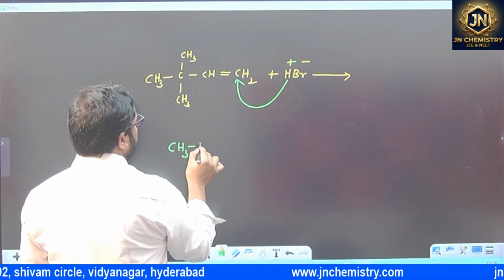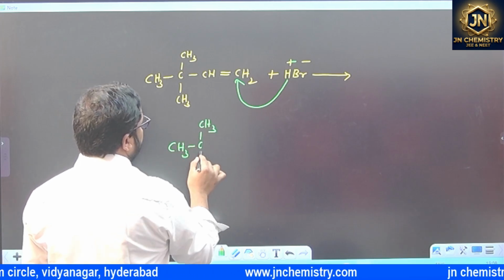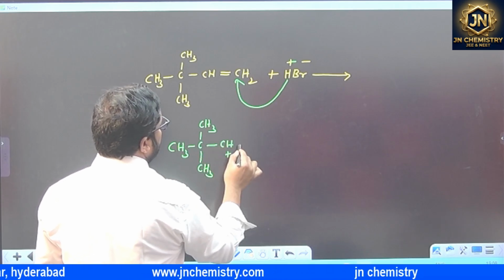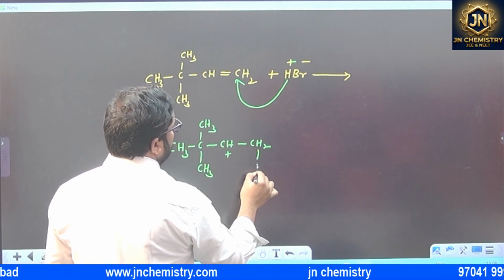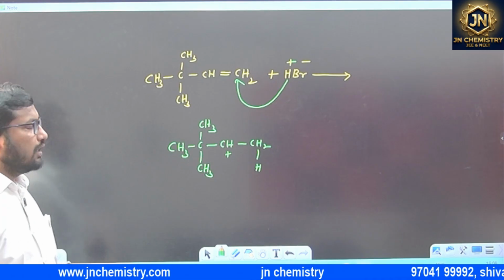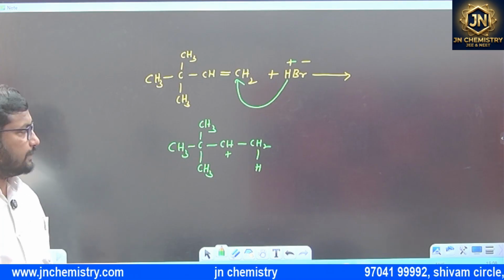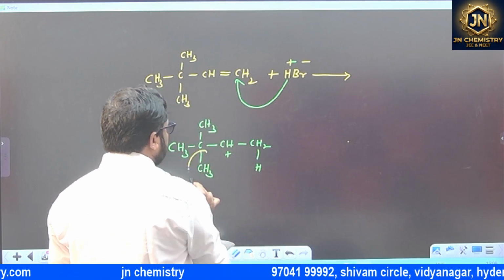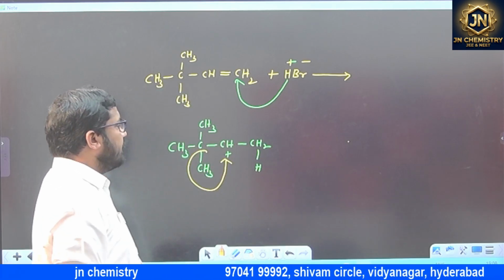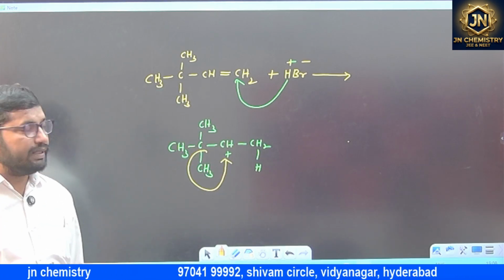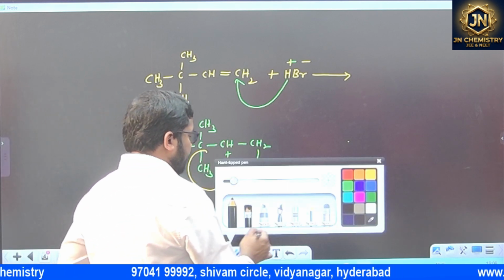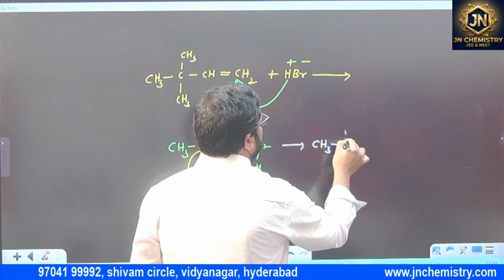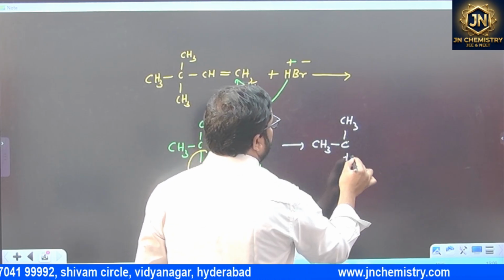CH3, CH3, CH3, CH positive charge, CH2, H plus, right? The first step. The second step, Nana, methyl shift is taking place. Why methyl shift? Because this is a secondary carbocation, so we'll get a 3-degree carbocation.